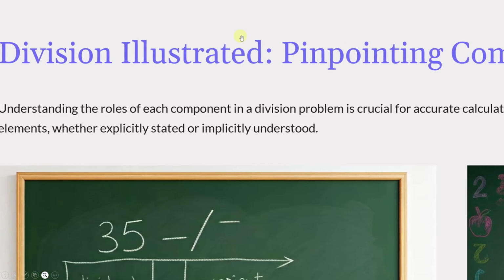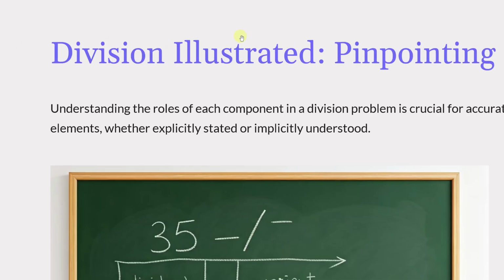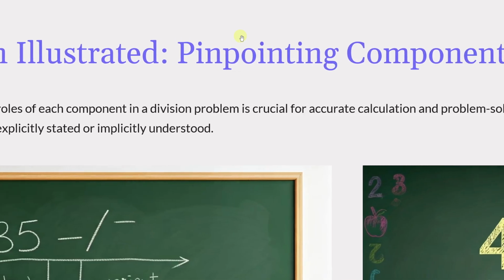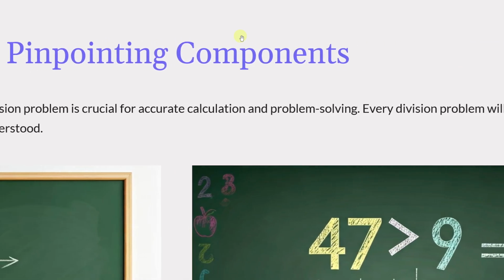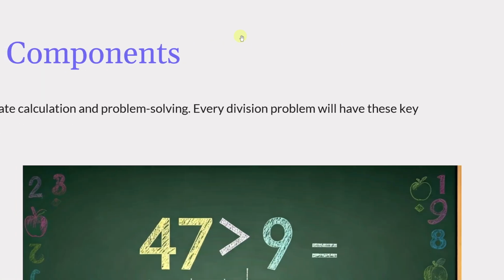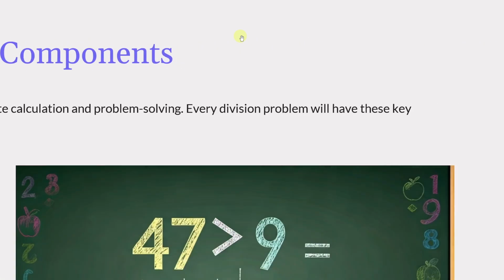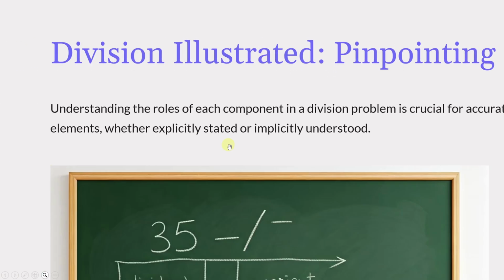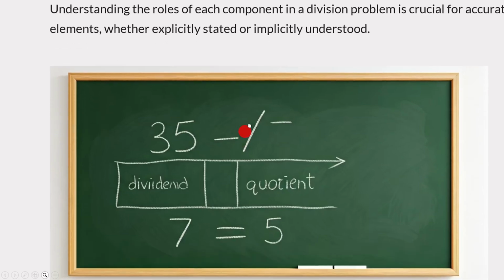Division in action: identifying components. Understanding the role of each component in the division process is crucial for accurate problem solving. Every division problem will have these key elements, whether they are stated explicitly or implicitly understood.